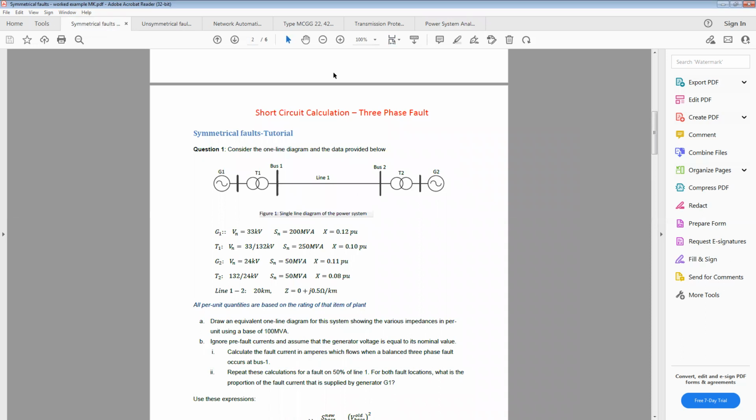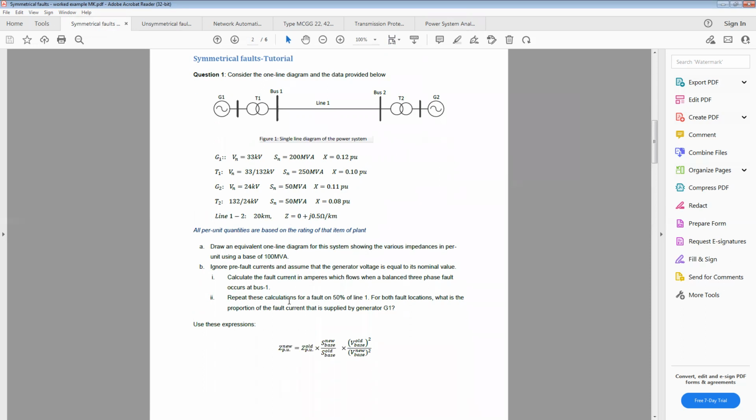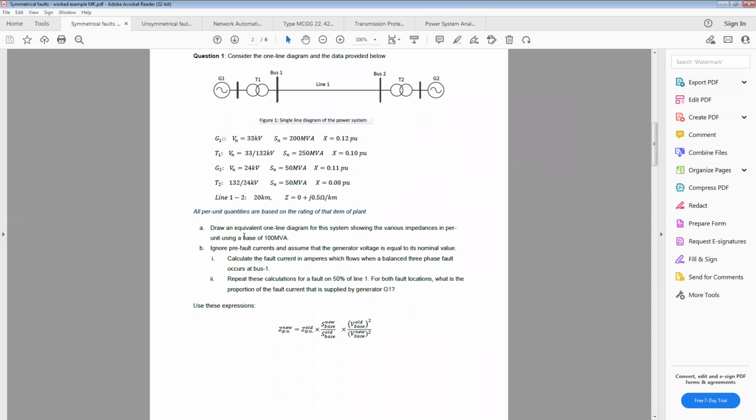Okay, if we assume that we have this kind of parameters of the plant or the equipment item, we can calculate. So the first question, for example, is we can draw the equivalent one-line diagram using the base value of 100 MVA.